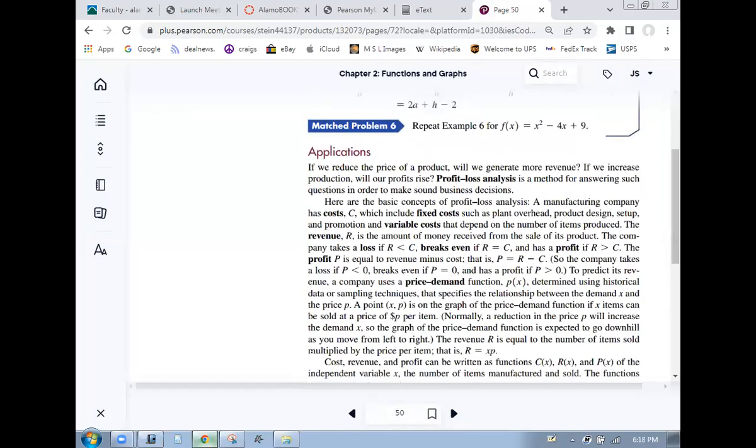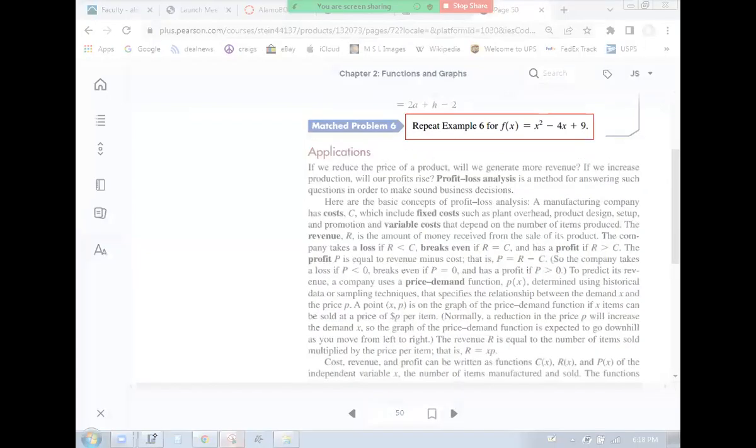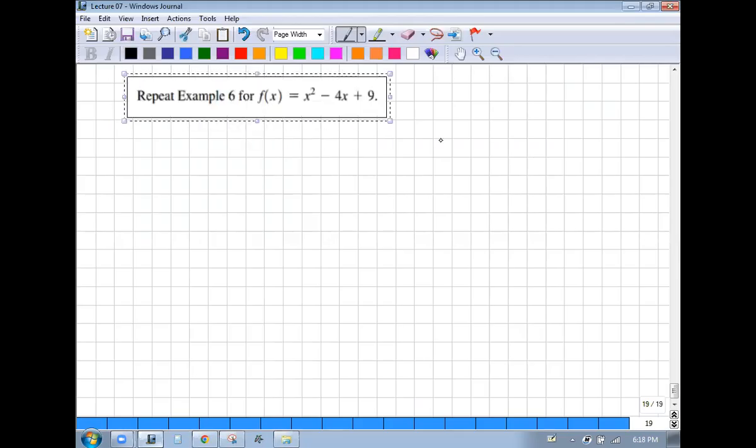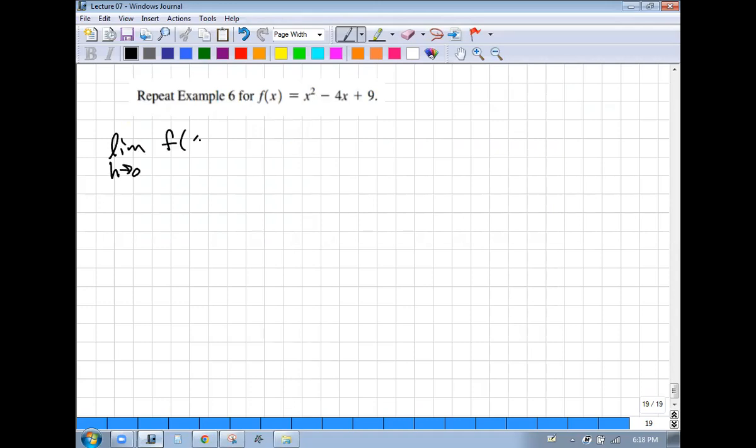All right, let's look at this. So we're going to do calculus here. Find the limit as h goes to 0 of f of x plus h minus f of x, all over h.